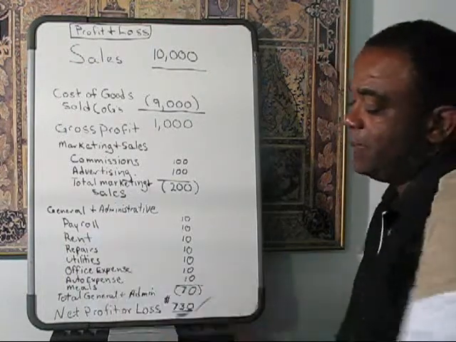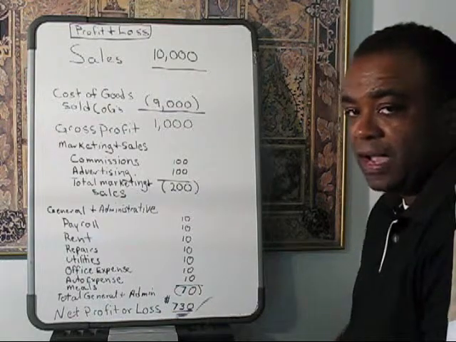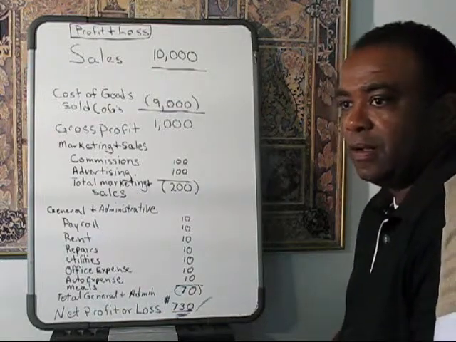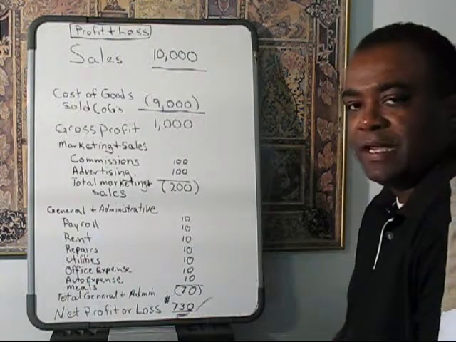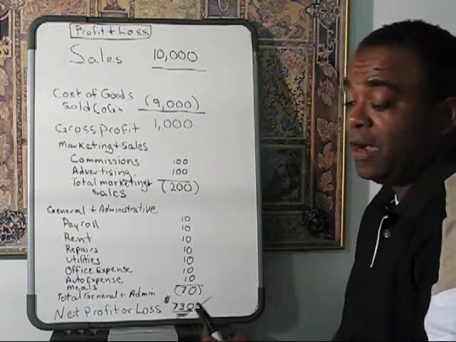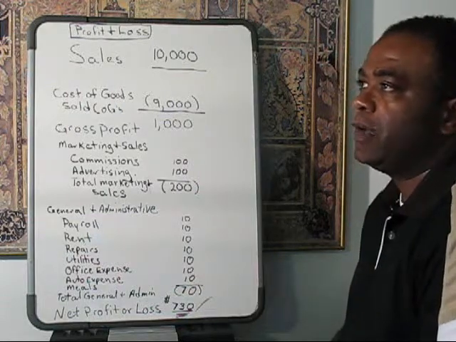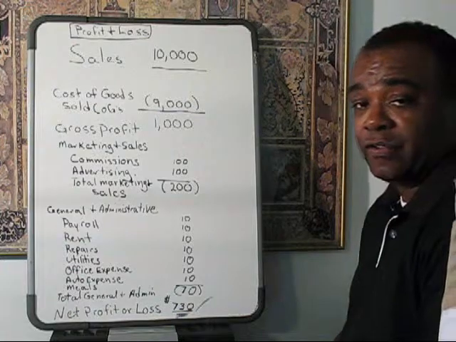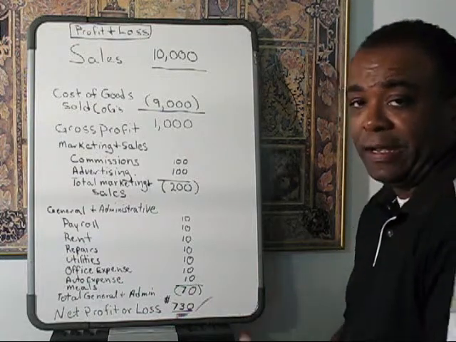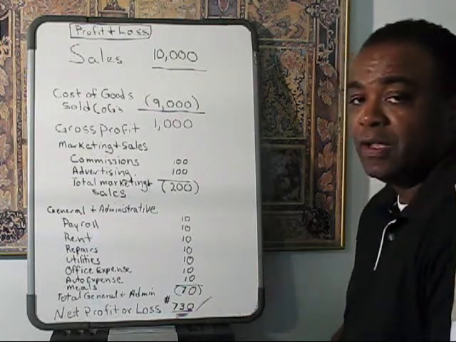And something that I didn't put on there was travel. Let's say for instance you're going to one of your company's meetings, or a seminar or a meeting for your industry, and you had to travel to Atlanta, let's say, or California.